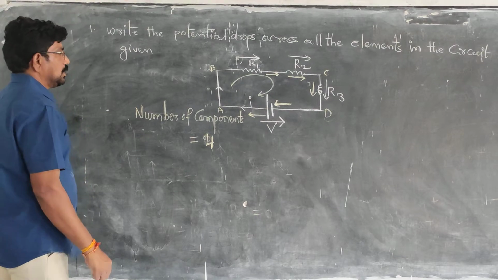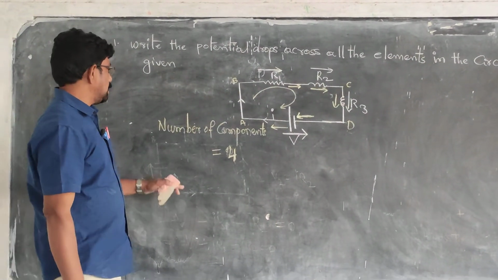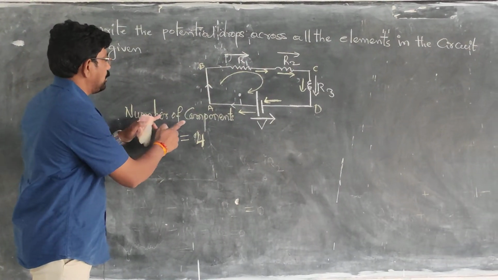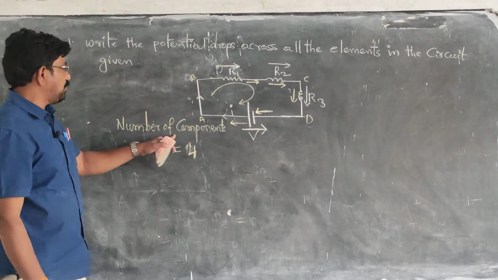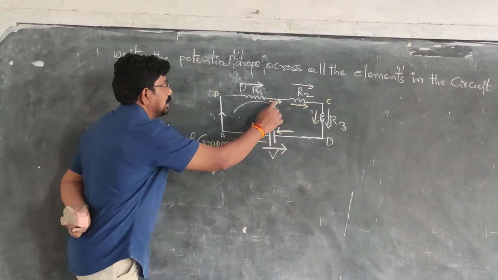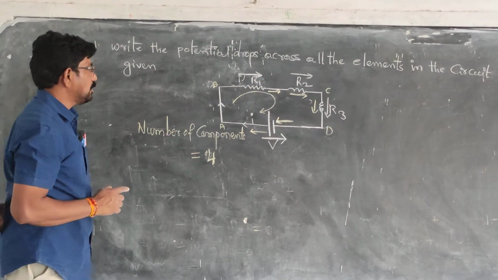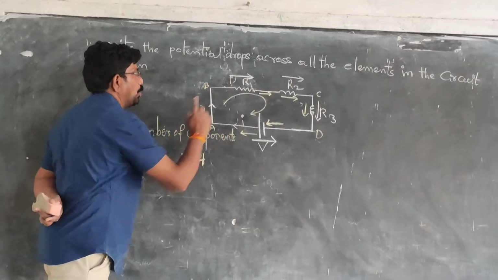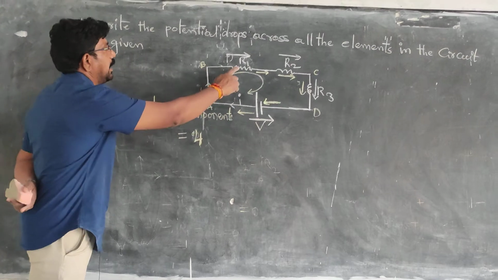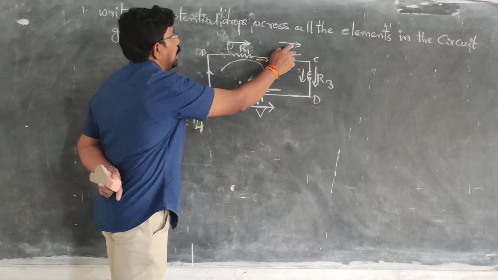So, within the given circuit, I have written that 4 elements are present. Next I have written the clockwise arrows within the loop I have chosen. Next, at each and every component I have written the direction of the current. The direction of the current is indicated with the white color.